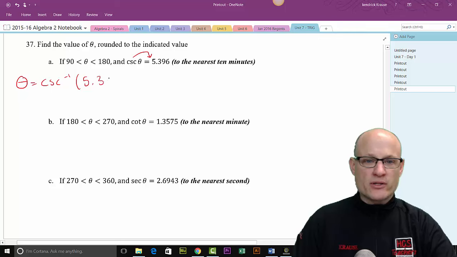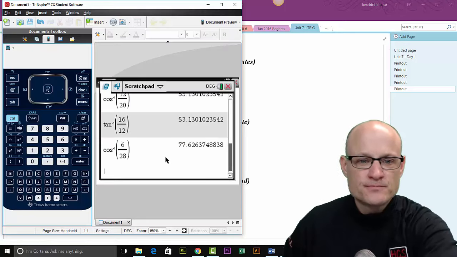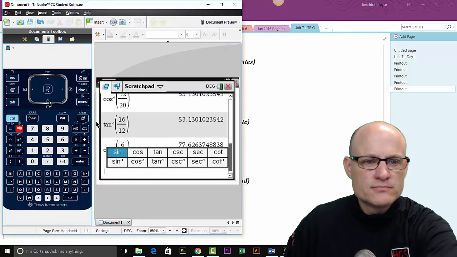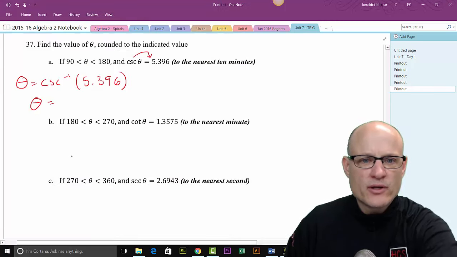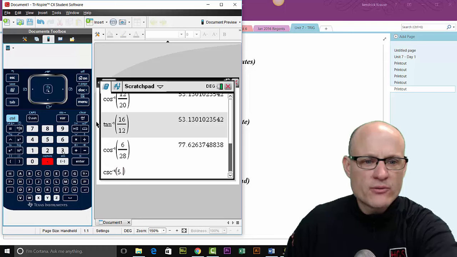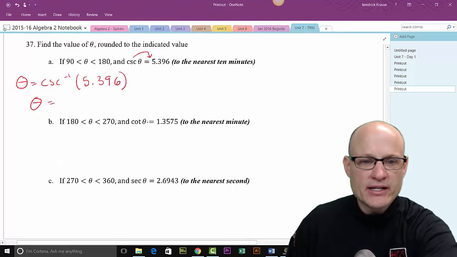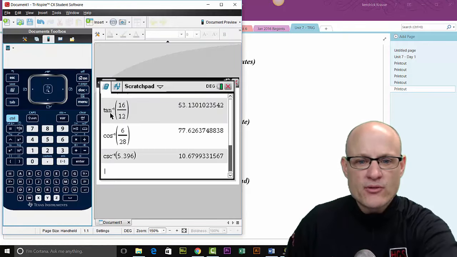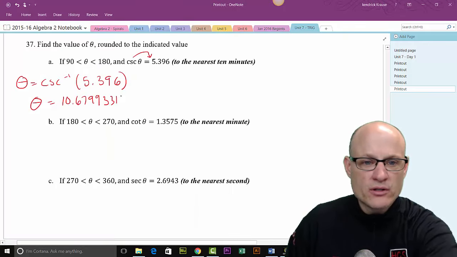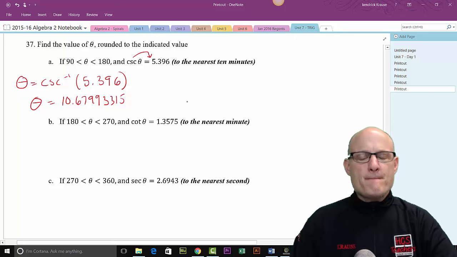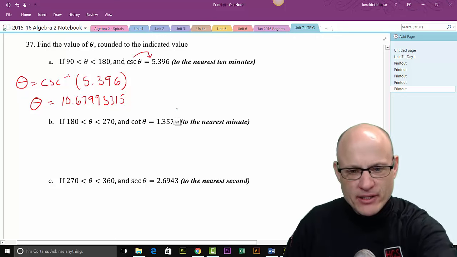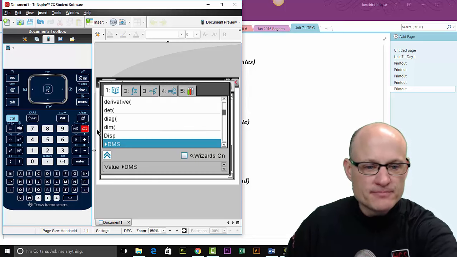I get theta equals 10.6799, 33157. Okay, good enough. And if I rounded that to the nearest 10 minutes, let's DMS it. It's 10 degrees, 40 minutes, 47 seconds.